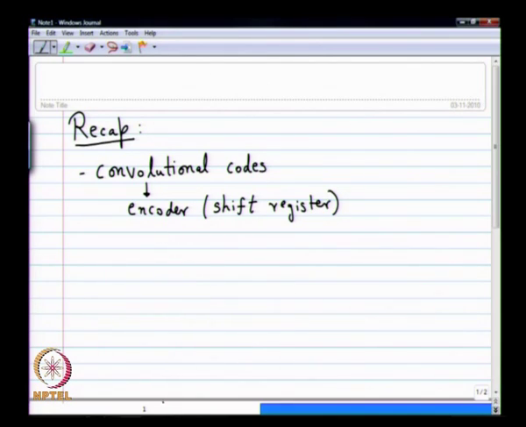All right. So, when we spoke about various representations for the encoder, one was the state diagram, and the only drawback in the state diagram was that the time axis was missing. So a better representation turns out to be what I pointed out as the trellis diagram.